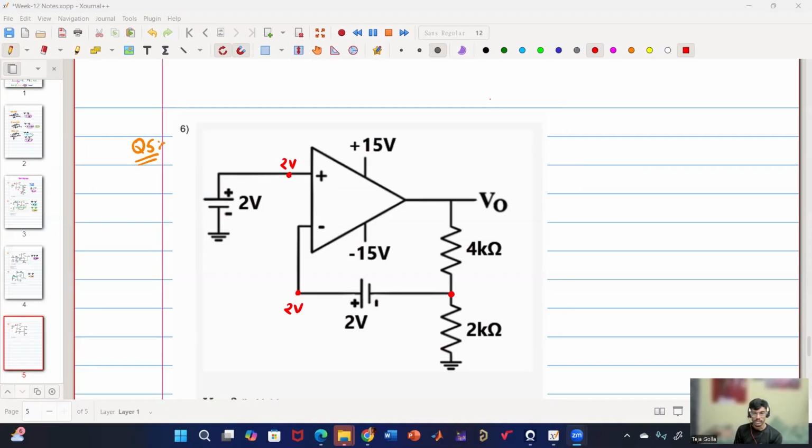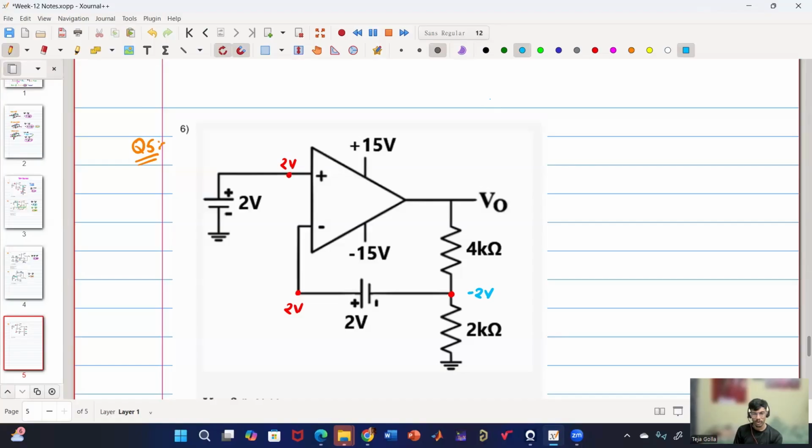We have a voltage source of 2 volt. The positive terminal is at 2 volt. What will be the potential at the negative terminal? Minus 2 volt. Okay.